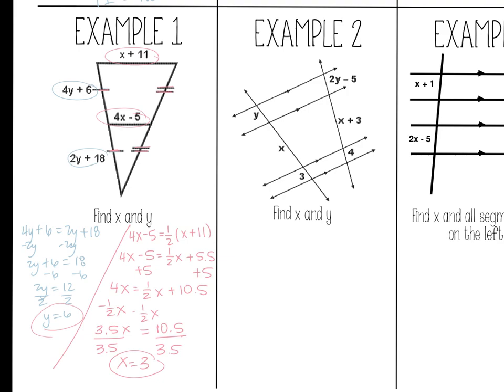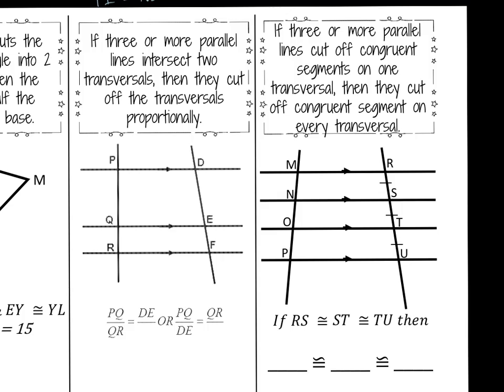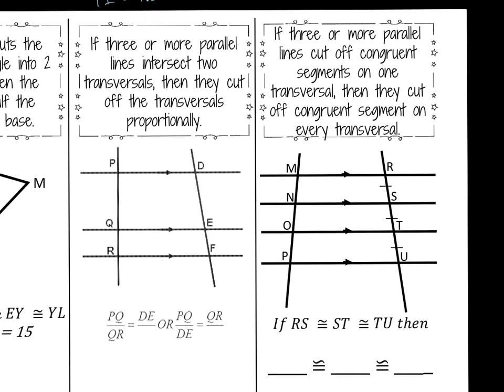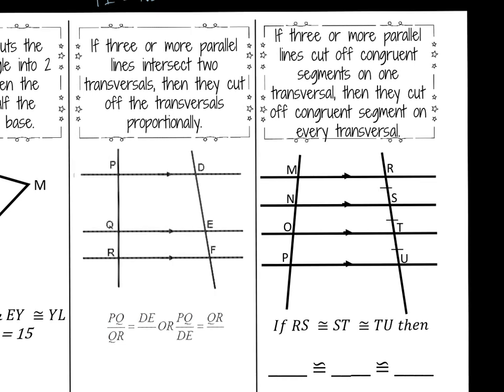Okay, now let's go to the second theorem. If 3 or more parallel lines intersect transversals, so we have 3 right here, 1, 2, and 3, and then we have our transversals. So this is a transversal, this is a transversal. Then they cut off the transversals proportionally. So what that means is these 4 intersections that I have here, they are proportional.